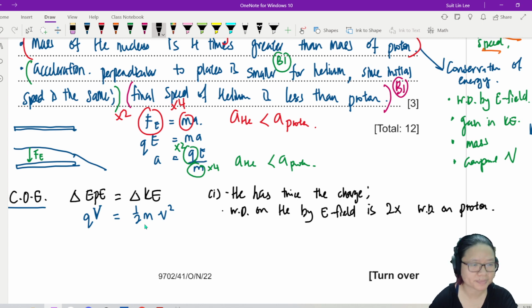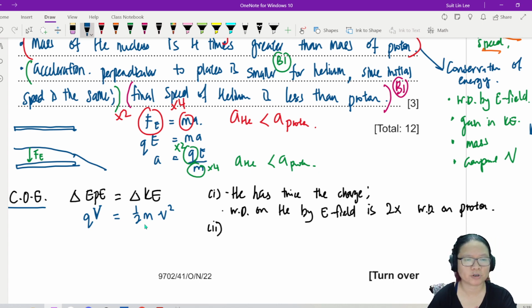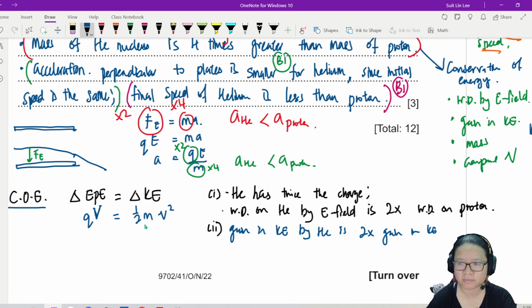First point. Second point, because work done on helium is 2 times, then we talk about KE first: gain in kinetic energy by helium is 2 times gain in KE by the proton.